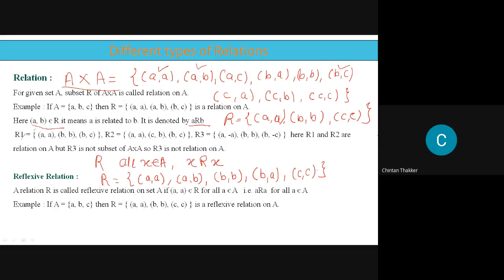Then also this set is called a reflexive relation on set A.